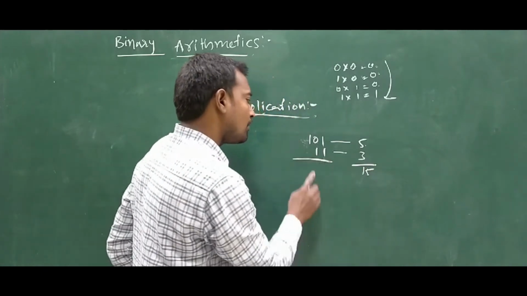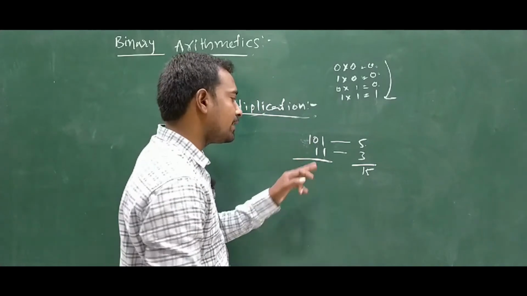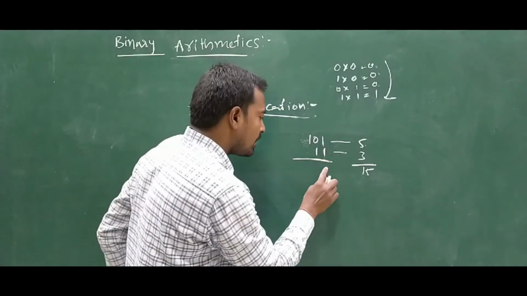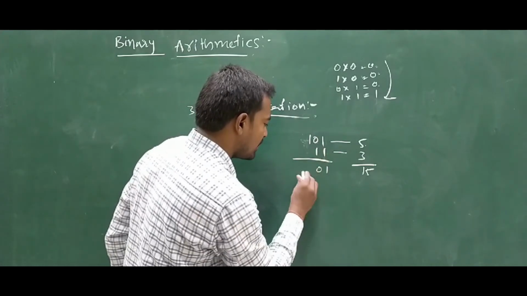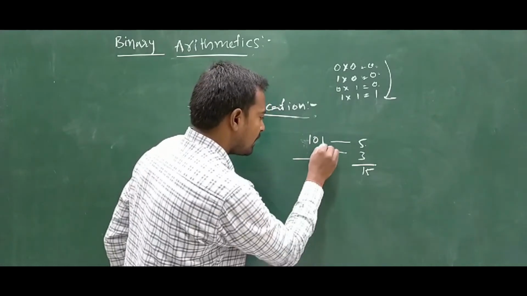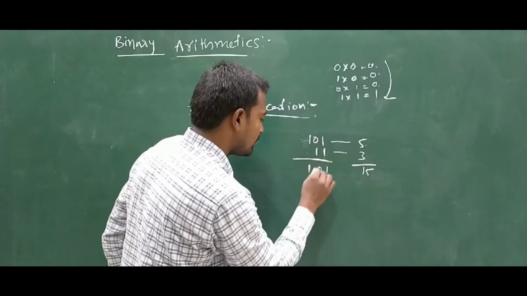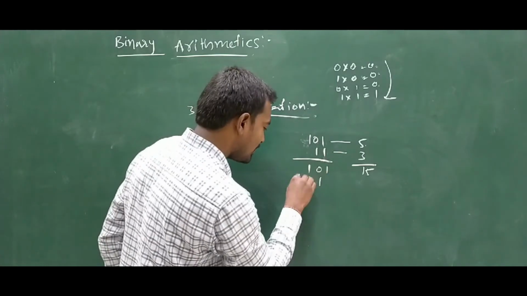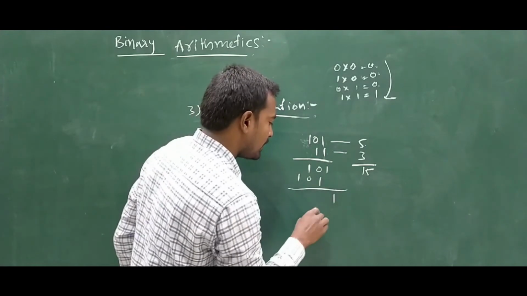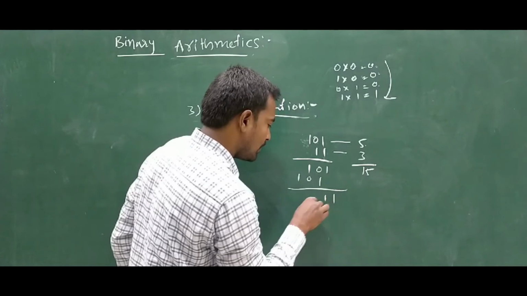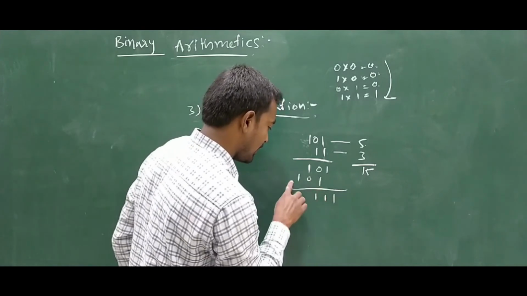Okay, when we are performing the binary multiplication, we will get 1 cross 1 is equal to 1, and 1 cross 0 is equal to 0, 1 cross 1 is equal to 1, and again 1 cross 1 is equal to 1, 1 cross 0 is equal to 0, and 1 cross 1 is equal to 1. And when we are performing the addition, we will get 0 plus 1 is equal to 1, and 1 plus 0 is equal to 1, and again 1.